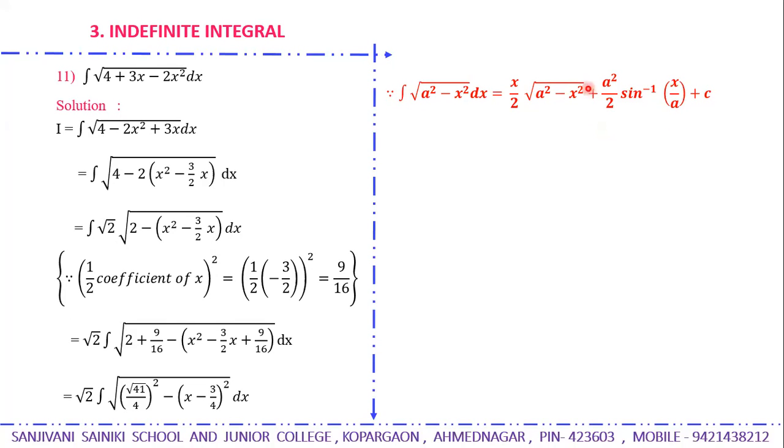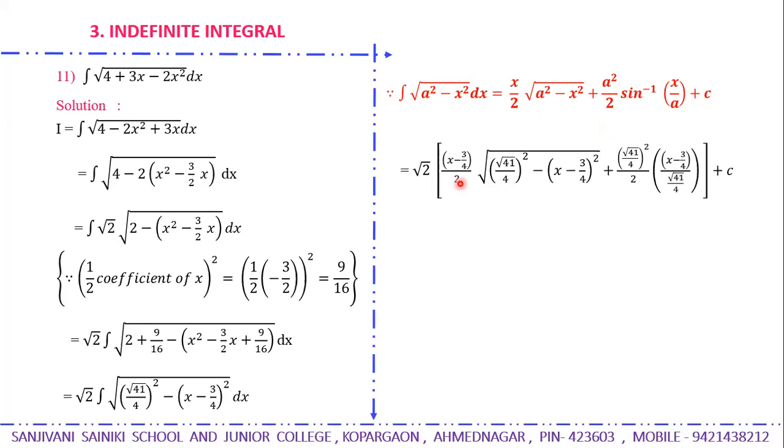So use this formula here. You will get root 2 into, in bracket, x minus 3 by 4 upon 2 root of 41 by 4 bracket square minus bracket x minus 3 by 4 bracket square plus root 41 upon 4 bracket square upon 2, sin inverse of x minus 3 by 4 upon root 41 upon 4, plus c.